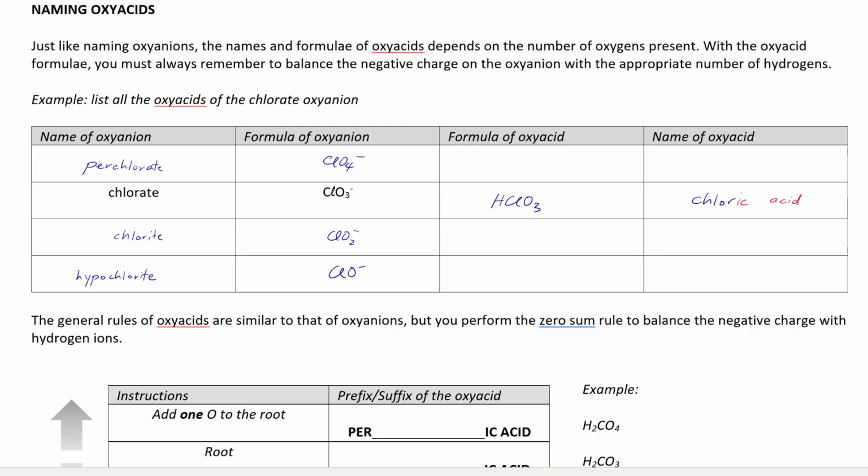If we increase the number of oxygens by 1, we would have HClO4, and just like we have the perchlorate ion, the name of this oxyacid would be perchloric acid.